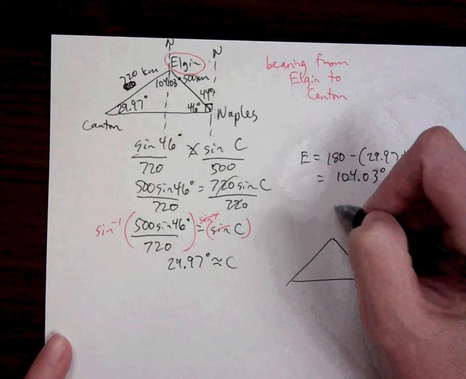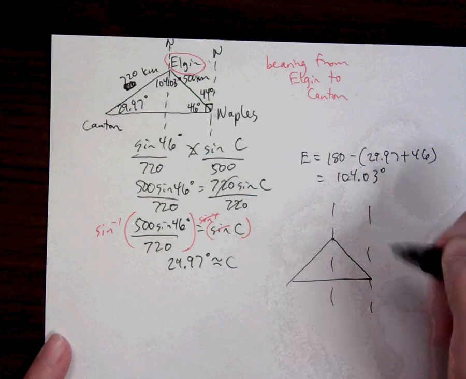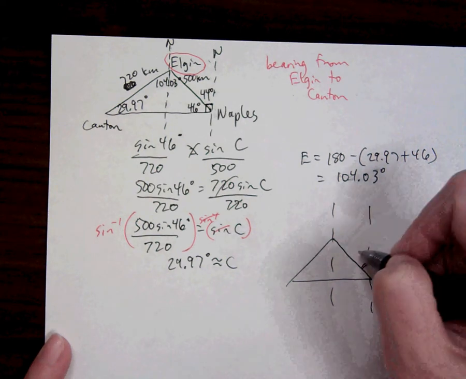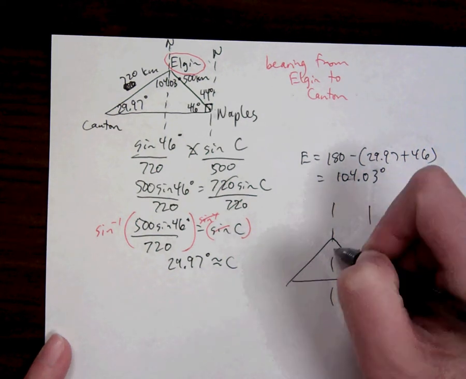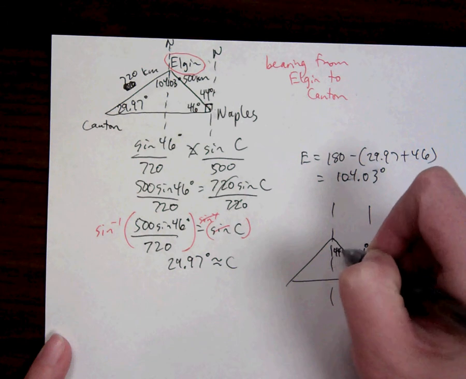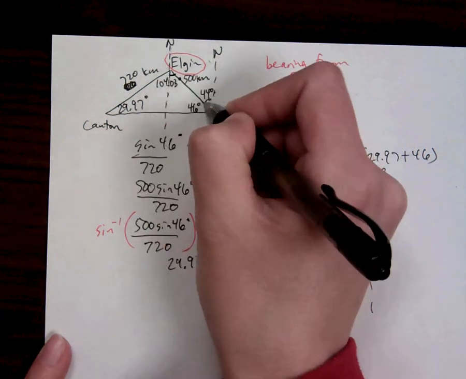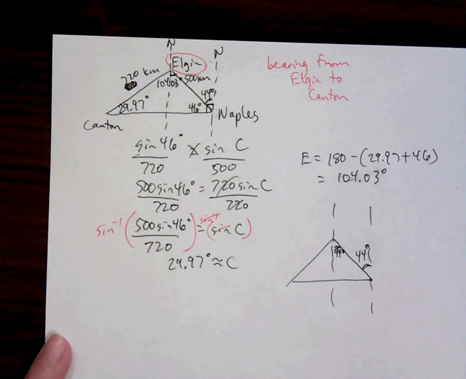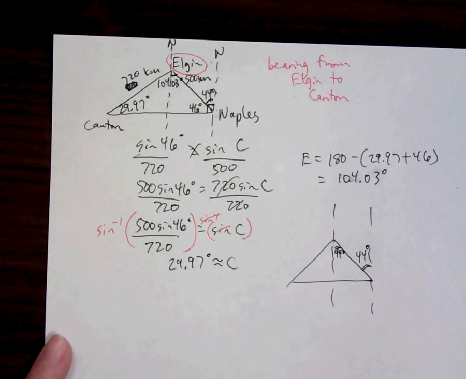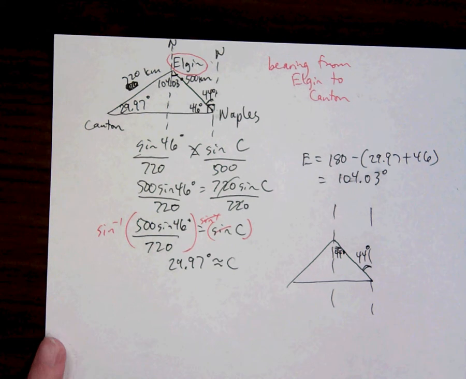Redraw it down here. If this one right here is 44 degrees, then this part right here has to be 44 degrees. Just this part is what I'm talking about with this. Those have to both be 44 degrees because they're alternate interior angles. Why does that help me?